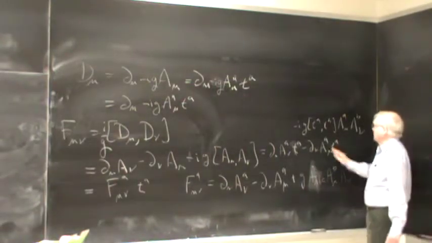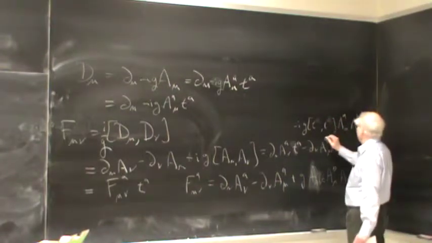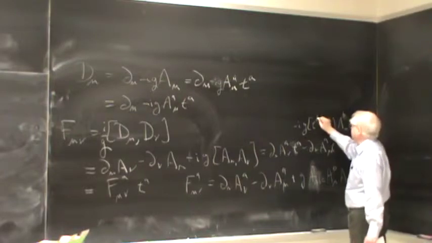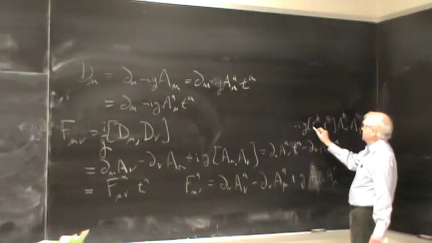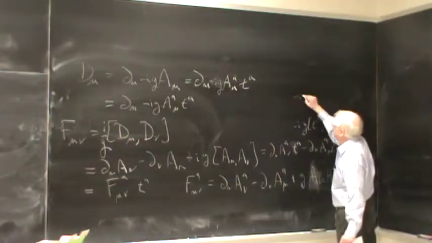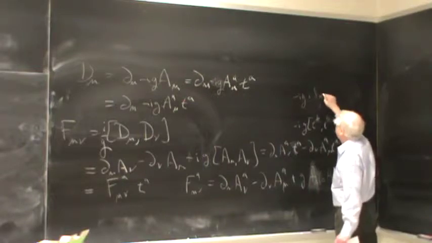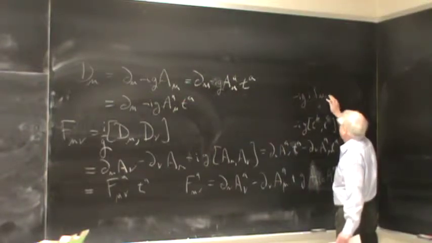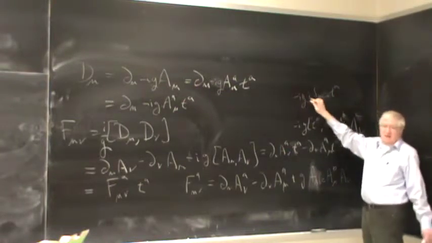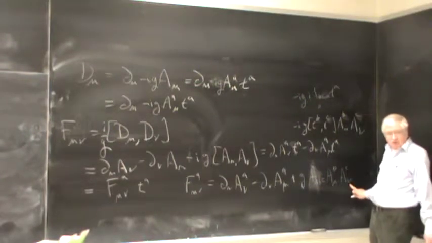The commutator of T^b and T^c gives i f^bca T^a, and minus i times i is plus 1, so you get a g f^abc. So that's how it works.